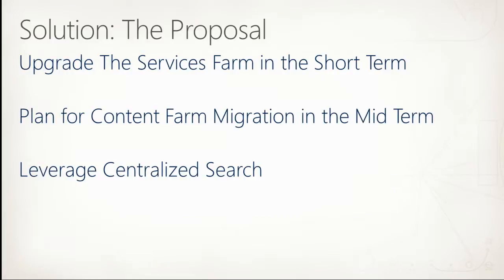Has anyone here set up a centralized enterprise search, engaged with farms all over? This goes back to your question about the hybrid scenario. You can federate search between on-prem and in the cloud, but there's a great session from Brad Stevenson about hybrid search if you want to get more in depth.